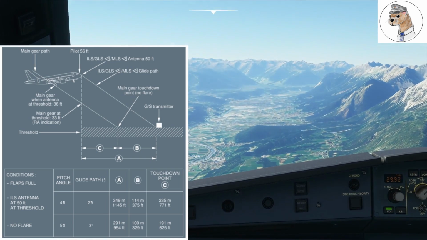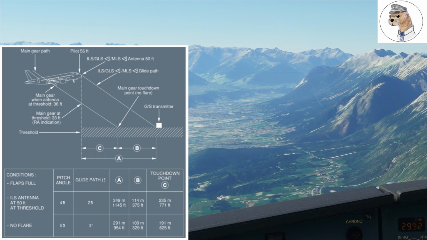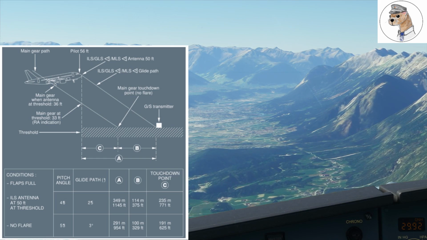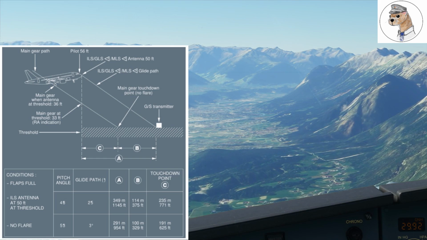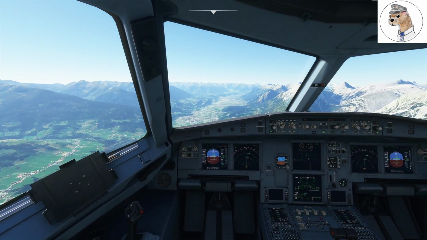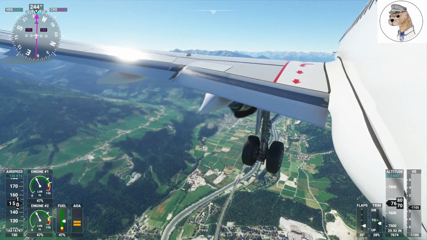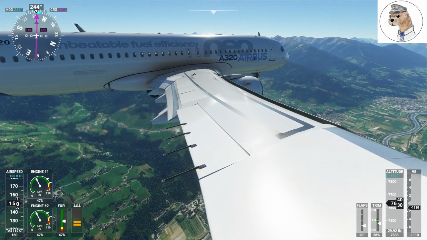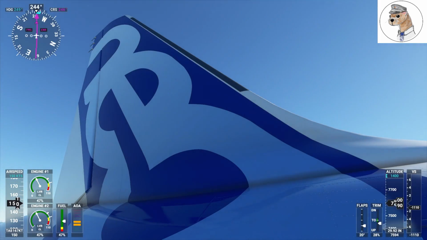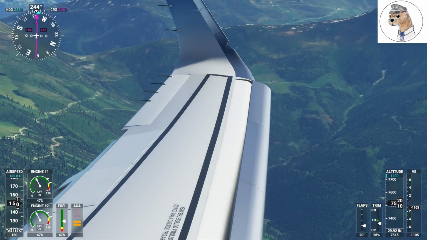And also note that between the 321 and the 319, there's always about 1 or 2 feet difference in height on the wheels as we go over the threshold of the runway, and this can lead to each aircraft flaring differently, although if you apply the same technique you will always get good results.